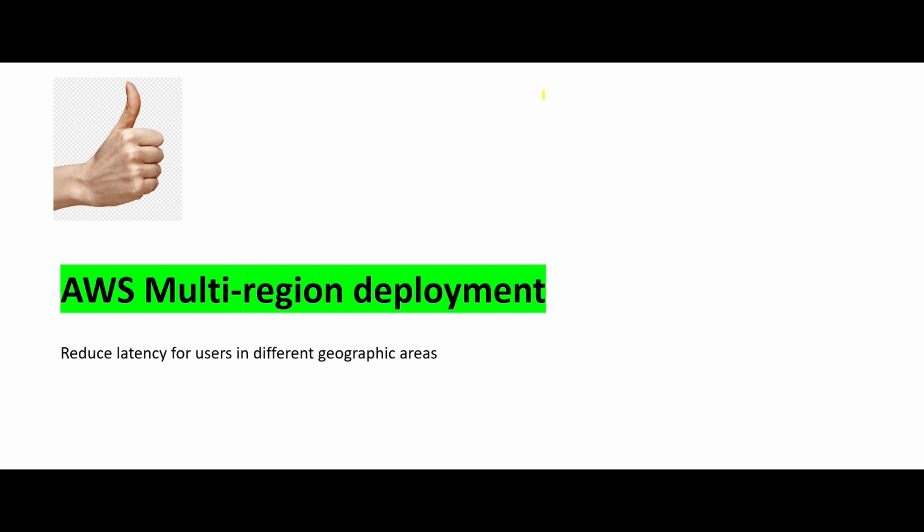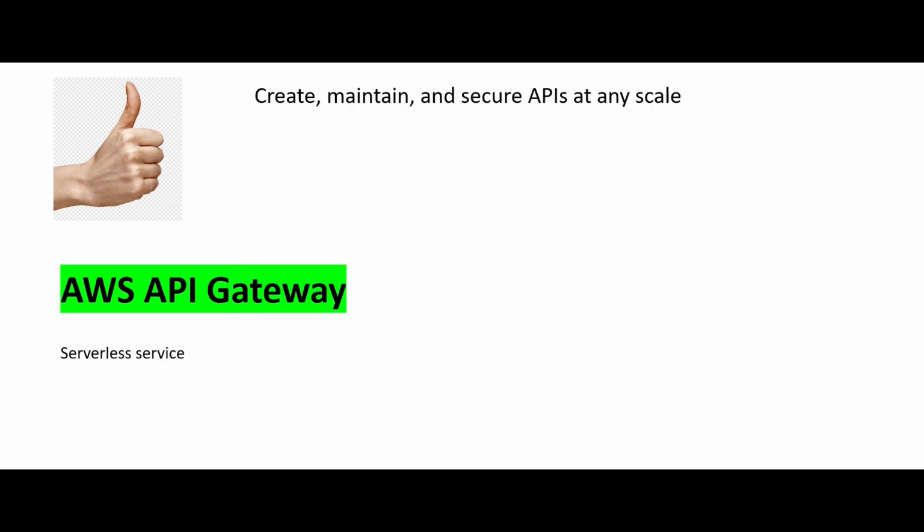This is called multi-region deployment, so that the users in India can get their data from the data centers in India, and the users in the US can get the data from the data centers in the US. Simple. That is the purpose of multi-region.